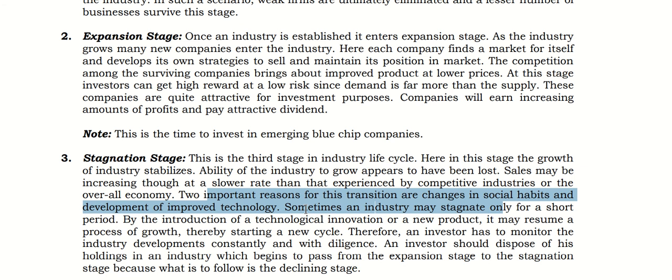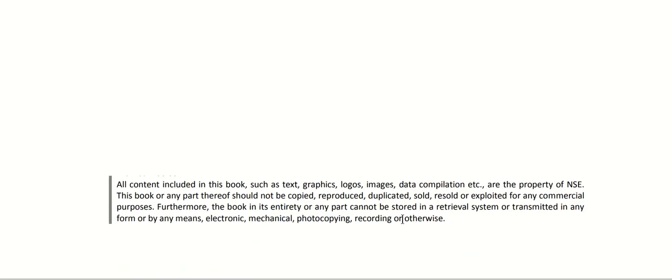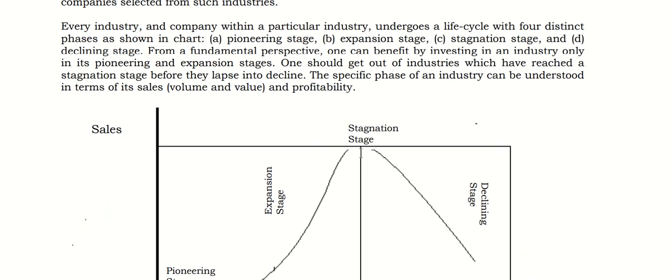So it is good that the investor should sell the stock at the stagnation stage, because this is the maturity time. If you can see in this graph here, at stagnation, this is the peak. Here if you sell your stock, you will earn maximum profit. But after this, if you keep on holding, the profit may not be very good, it will keep on declining.